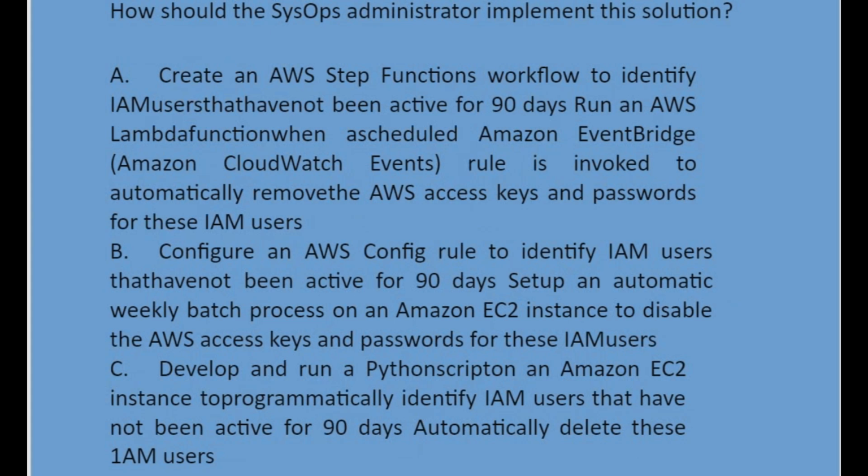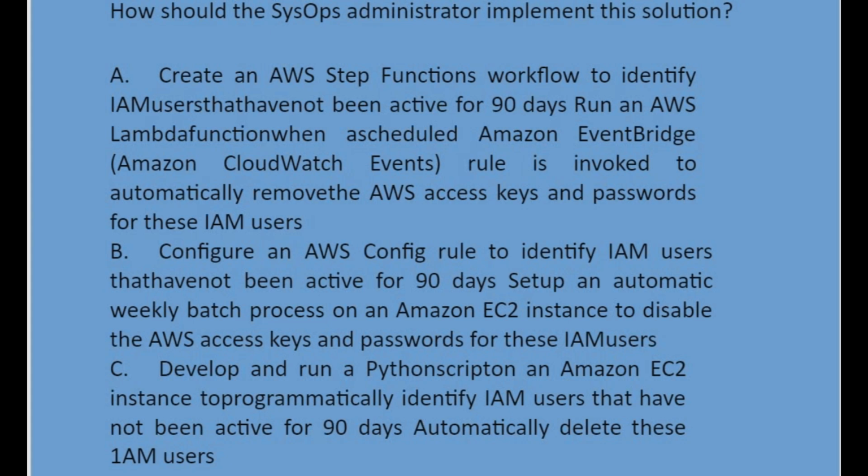Option A. Create an AWS Step Functions workflow to identify IAM users that have not been active for 90 days. Run an AWS Lambda function when a scheduled Amazon EventBridge (Amazon CloudWatch Events) rule is invoked to automatically remove the AWS access keys and passwords for the IAM users.